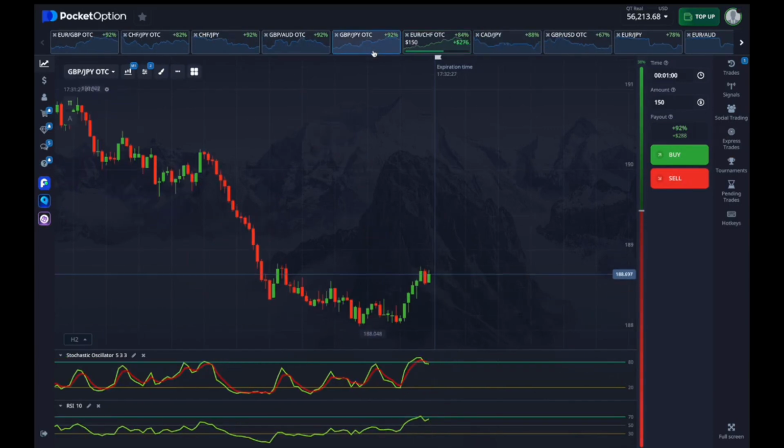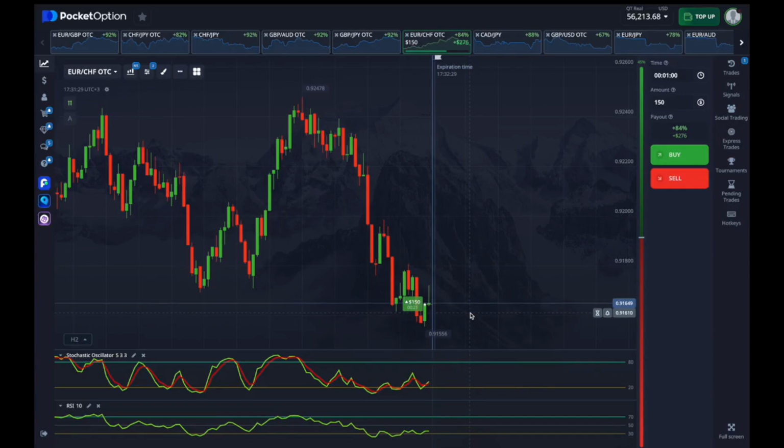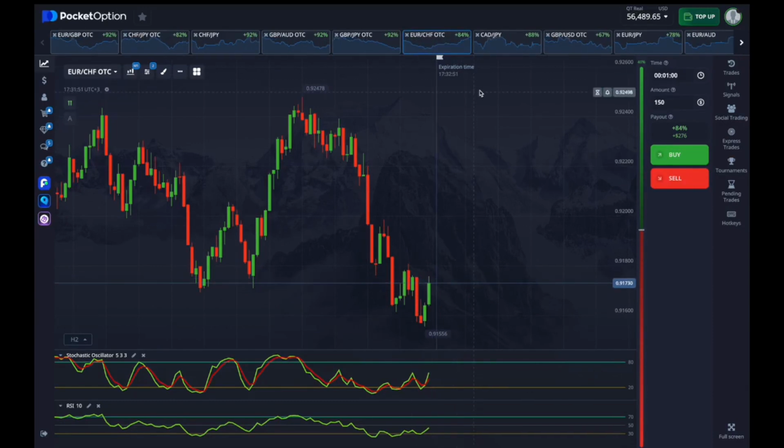I think 3 trades will be enough for us for demonstration purposes. With these 3 trades, you'll already have an understanding of how to work with the stochastic, how to work with the RSI, and you'll be able to see the trading setup. And also, friends, I additionally recommend using technical analysis tools to confirm all of these indicators. The third trade. Excellent. This one also closes in profit for us.